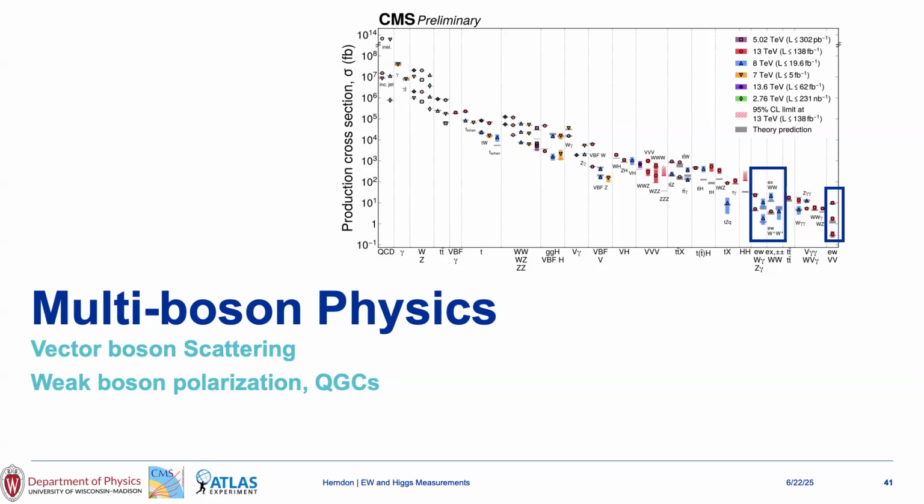This is where we hope to learn some fundamental things about the standard model. And on the cross-section map here, it's sitting down at the lowest cross-sections measured by the LHC experiments. In fact, this ZZ cross-section here is a fraction of a femtobarn.